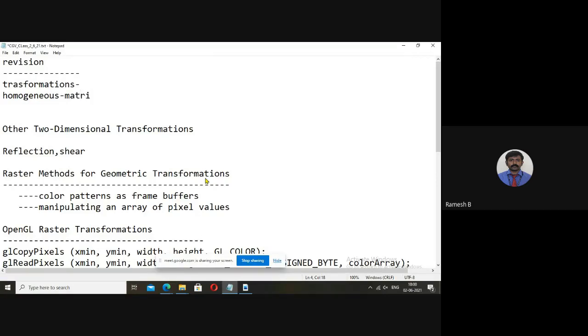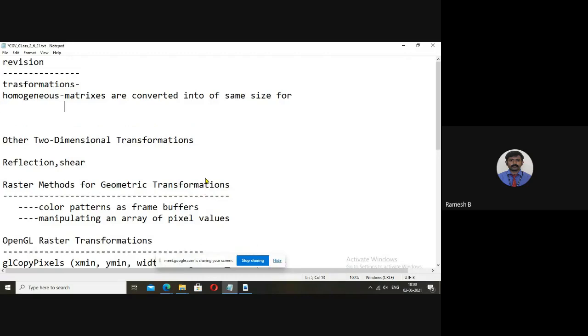Matrices are converted to the same size for easy multiplication. Whenever we are doing transformations, we are not doing only rotation. We may do rotation, translation, or rotation, translation, and scaling, like this.